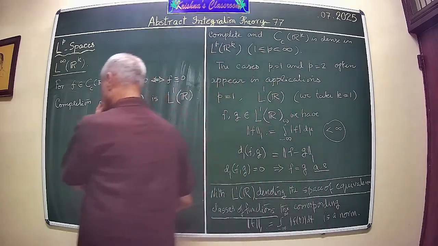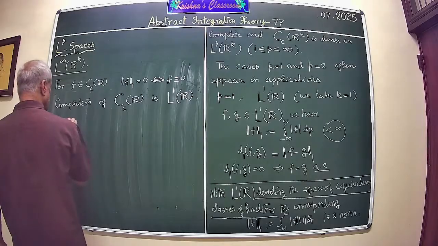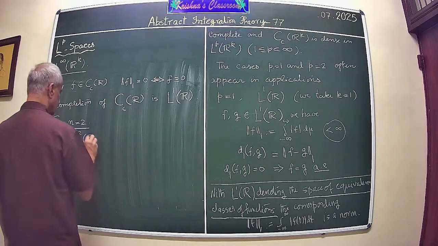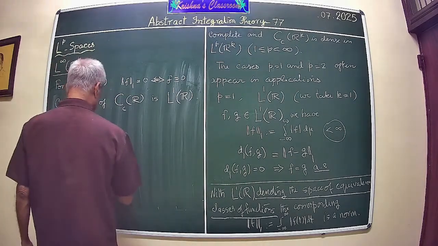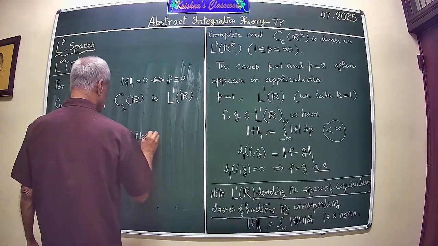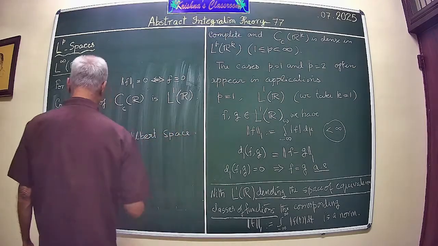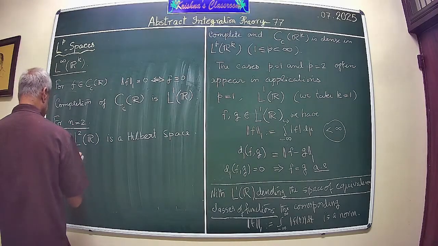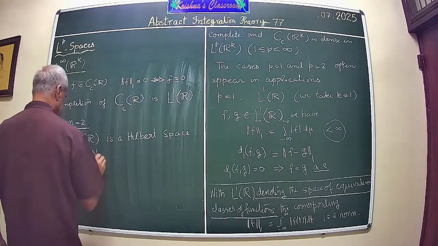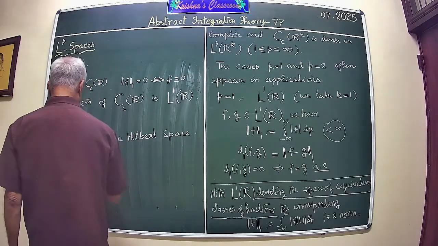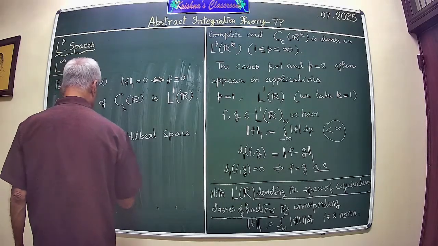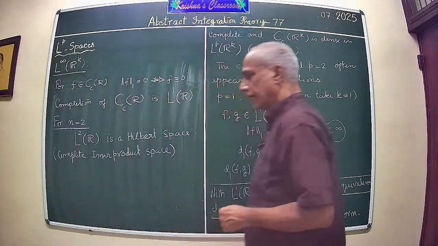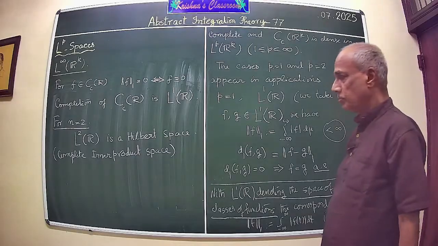L2 is a Hilbert space, namely it is a complete normed, complete inner product space, which is modeled on our RK with the usual norm that you take.